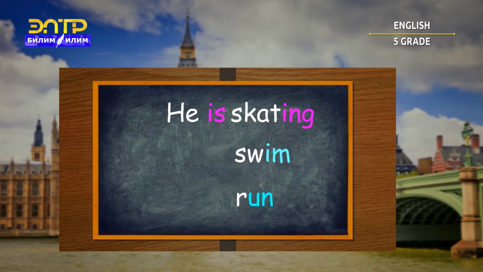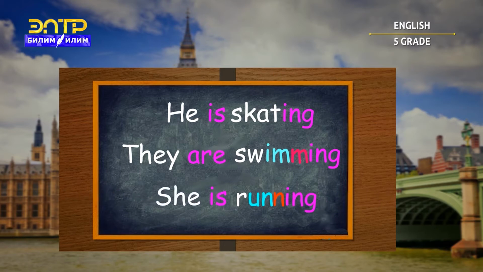And the second given verb is swim. We add subject and ing, doubling the consonants. So we got they are swimming. And the last verb is run. Here we just double the consonant n, then plus ing, and we add subject. So we got she's running.